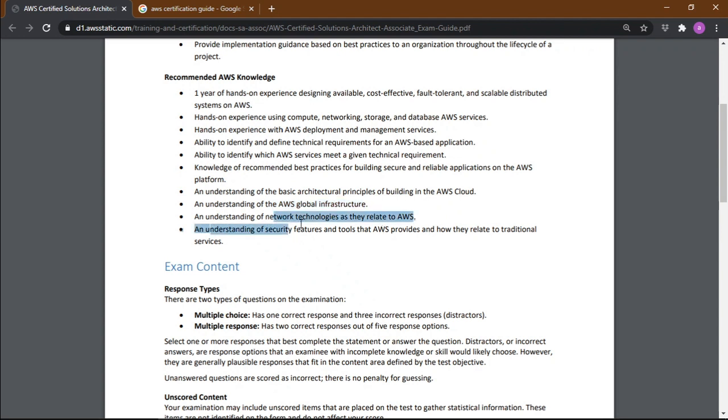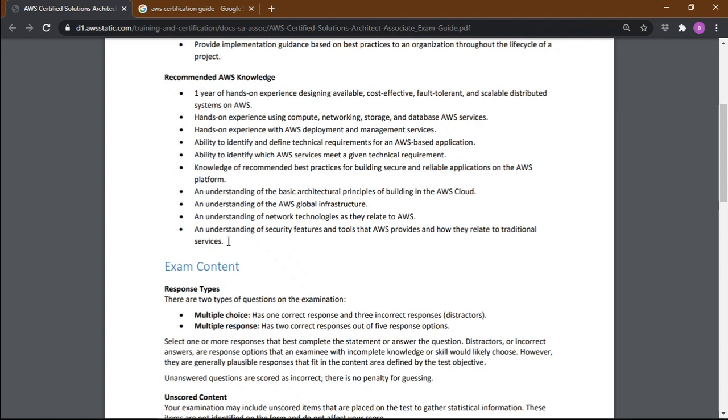For network technologies, you just need a better overview of VPC and subnets in the EC2 service, because you have to know how everything is connected and how you want to form network connections to other things. You should also know recommended best practices, because if you want to make reliable applications, you have to follow certain practices which will give you that reliability in the system.